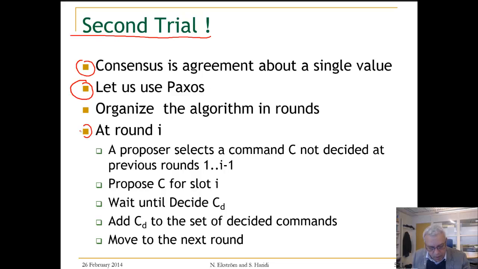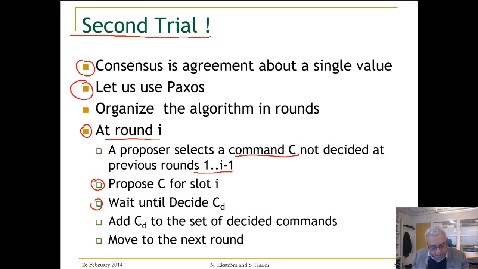So what happens at each round? The first thing that happens is that a proposer selects a command. At round i, a proposer selects a command that is not decided in the previous rounds, so not decided in rounds 1 to i-1. And then this proposer proposes C for slot i.